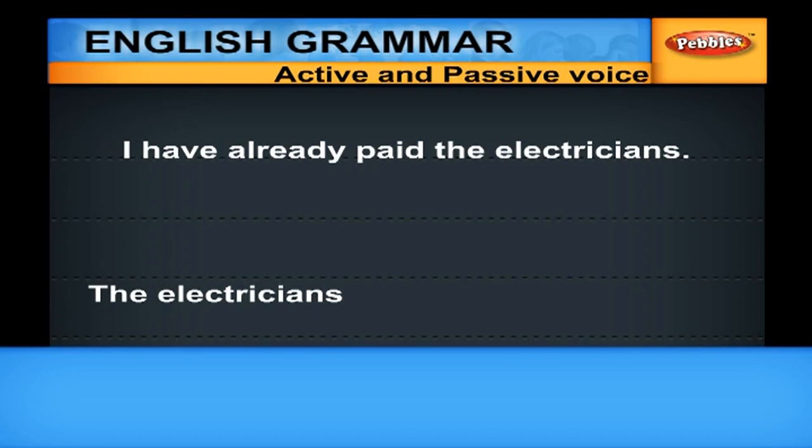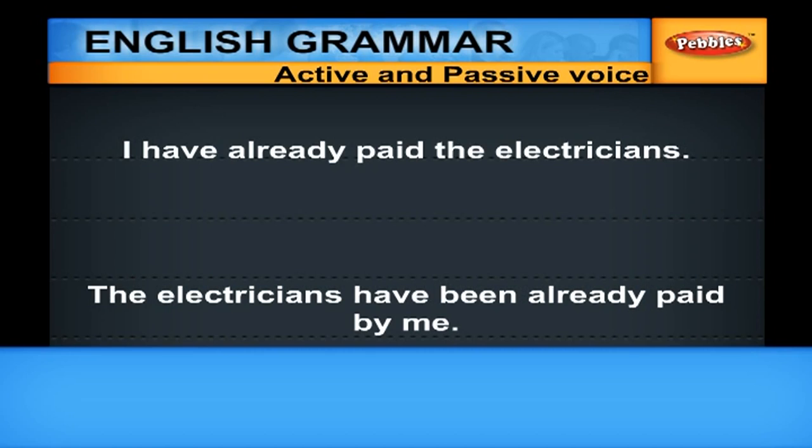The past participle form of pay is paid. Here, the tense is present. The aspect is perfect. So, we retain have form. And the past participle form of pay is paid. We insert been in between auxiliary have and the main verb paid. The electricians have been already paid by me.